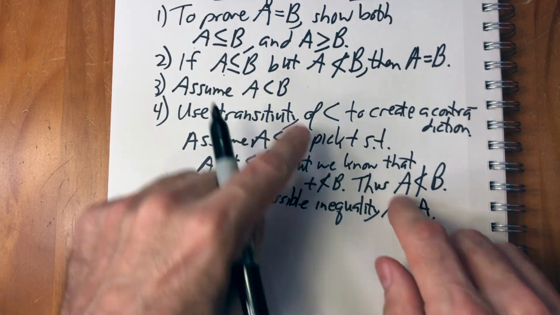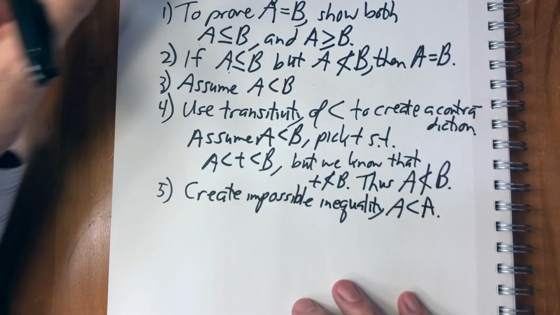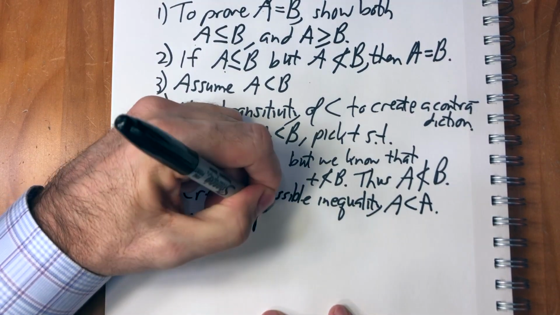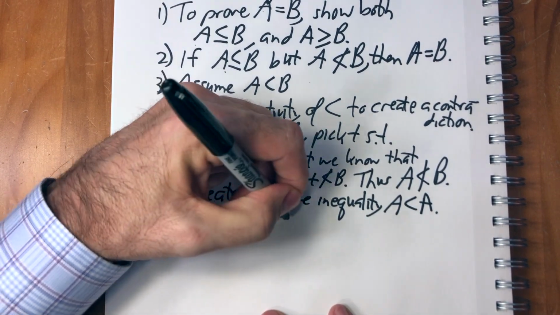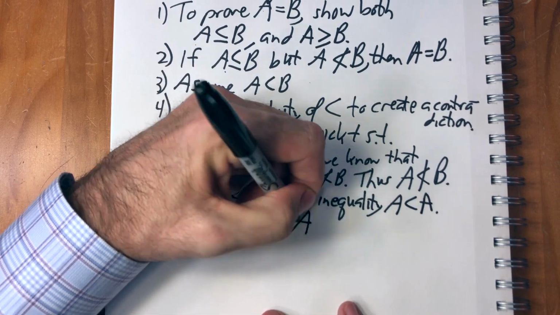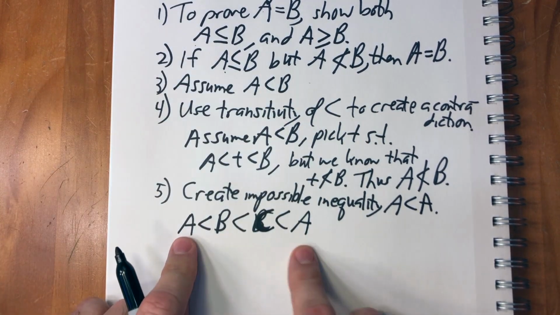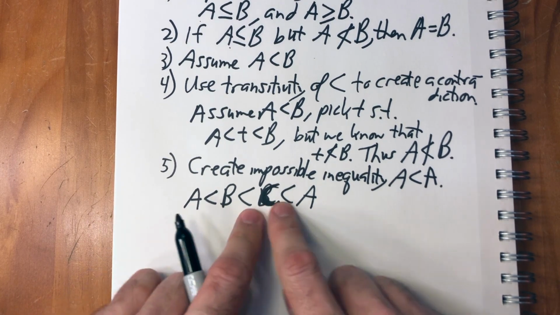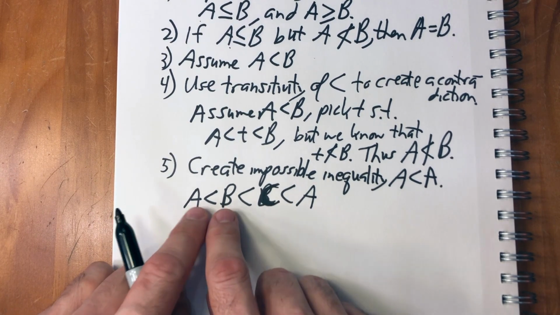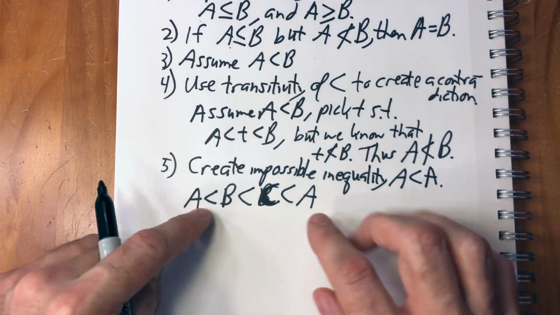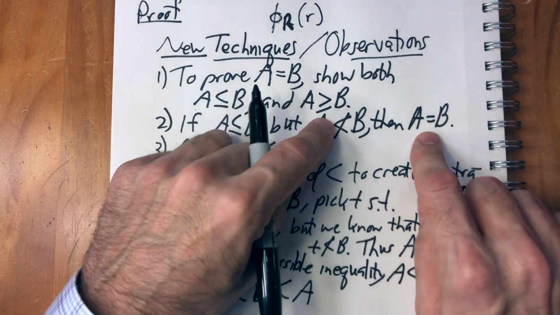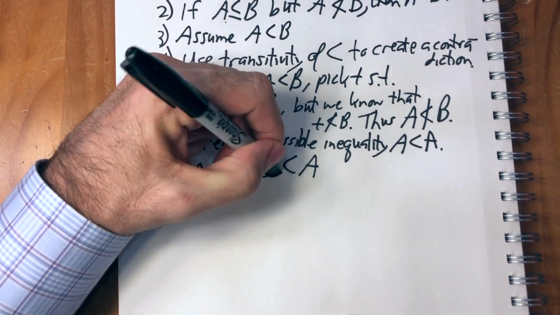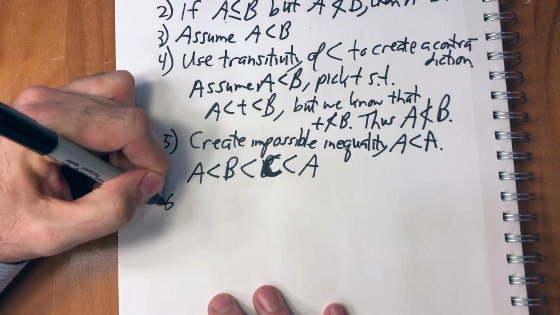So again, then A must be B. So the way to do that is, you assume that A is less than B, but you know that B is less than C and that C is less than A. But that means from the transitivity of inequality that A is less than A. That can't be true, so this part must not be true. So there you prove that A is not less than B, so A equals B. So that's another thing that we'll be using sometimes.